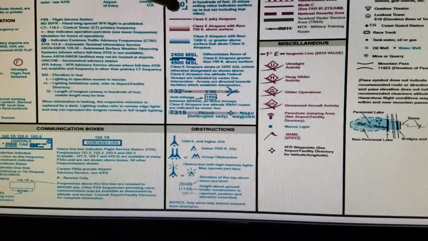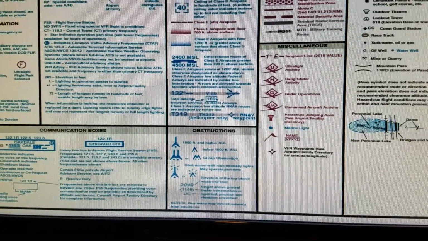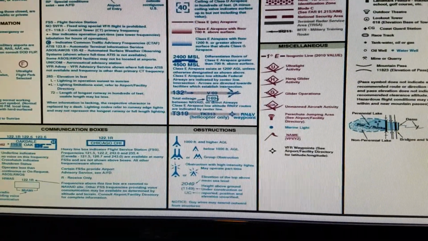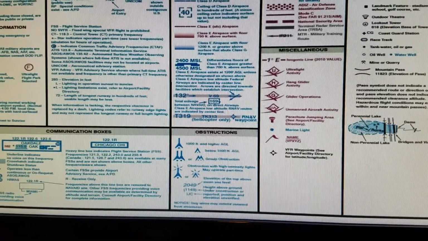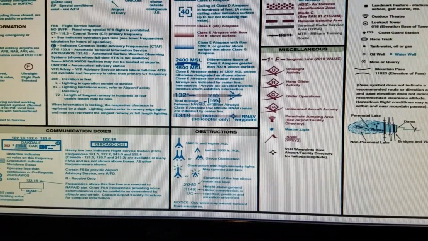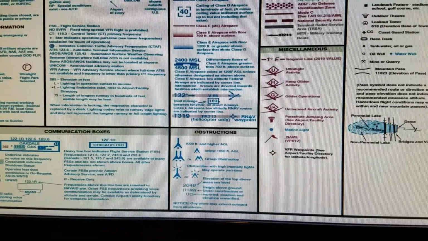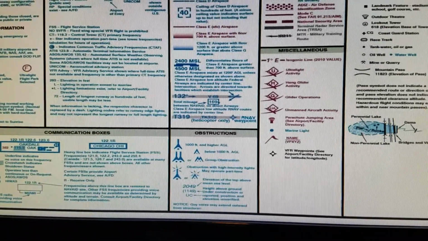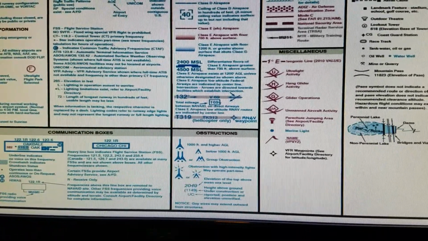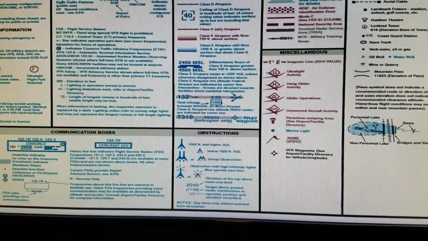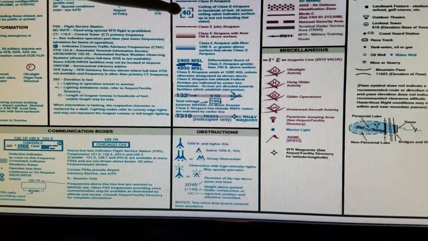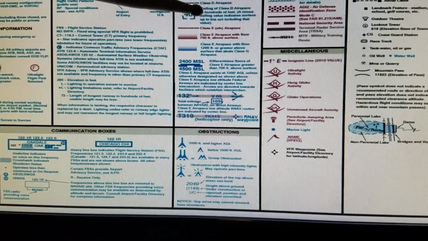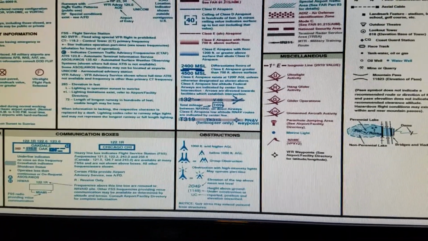There would be a minus sign if it falls into another airspace classification. In other words, if it falls into E, you might have 14,000 feet and a minus sign over there.